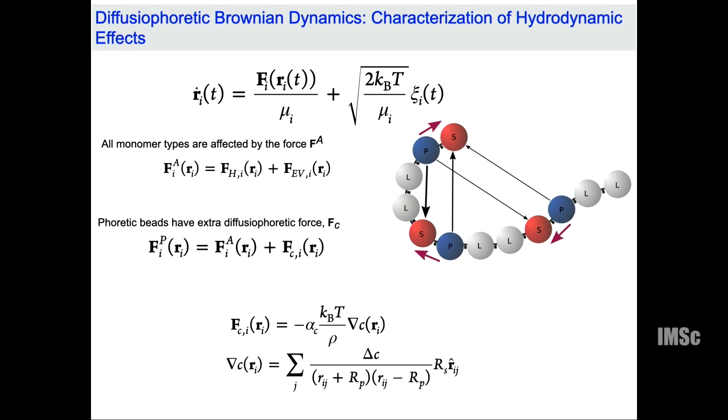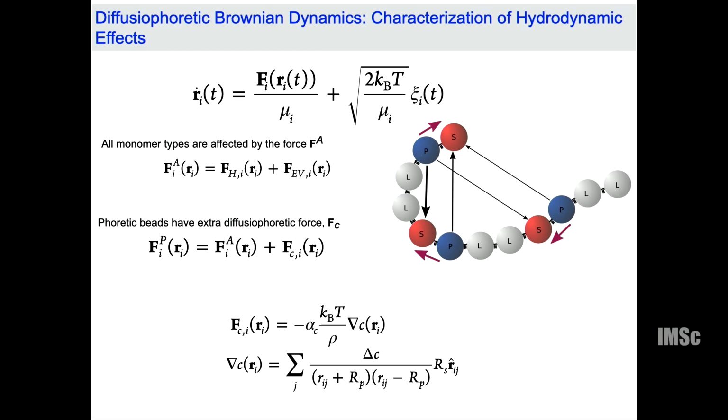C is the concentration of the product particle. Each of these source particles, the catalytic particles, will be the center for the chemical generation. And therefore each of these phoretic particles will get a force, which will depend on the concentration gradient generated by the sum of all these sources.